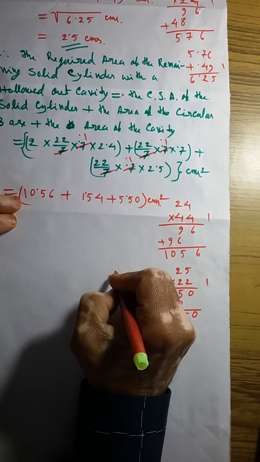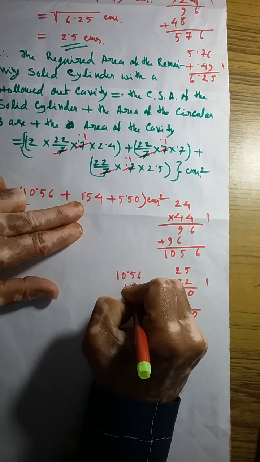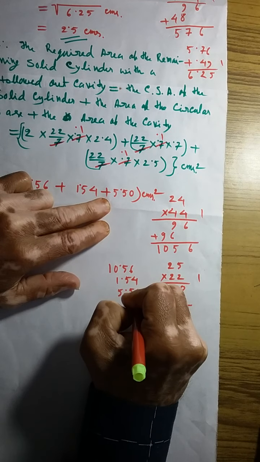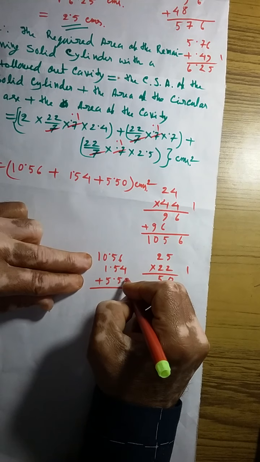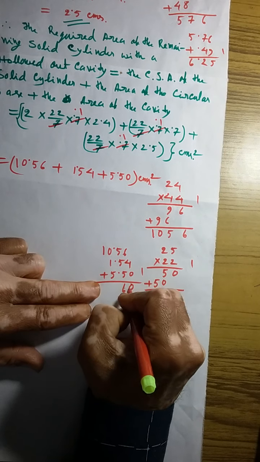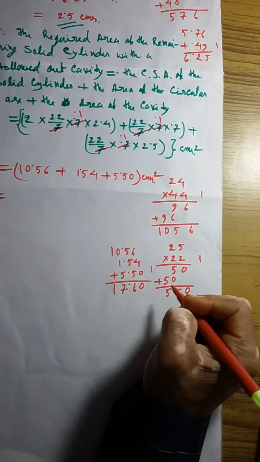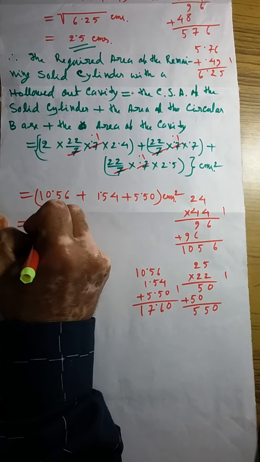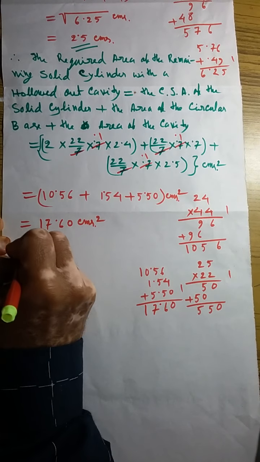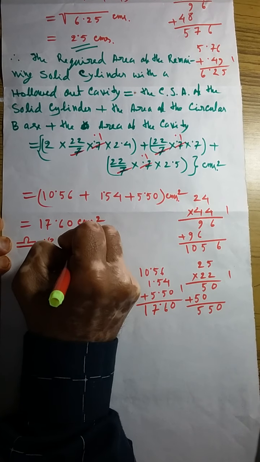Now if we add these 3 terms, 10.56, 1.54, 5.50, we will get 6 plus 4, 10, 5 plus 5, 10 plus 5, 15 plus 1, 16, 5 plus 1, 6 plus 1, 7, 17.60, 17.60 centimeters square, which is again approximately equal to 18 centimeters square.